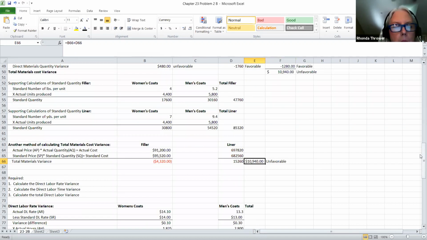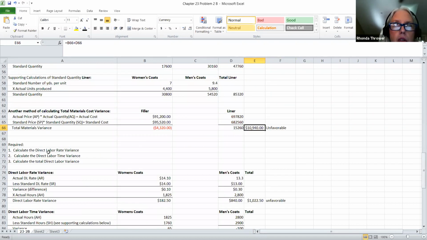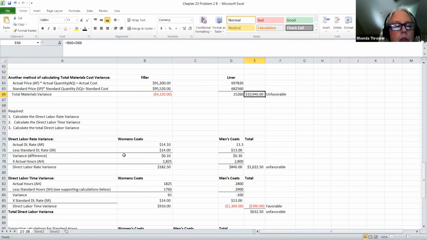In the second part of this problem, or actually the second part of requirement number 1, they also want you to calculate the direct labor rate variance and the direct labor time variance, and eventually the total direct labor variance. So we're going to start with our direct labor rate variance.